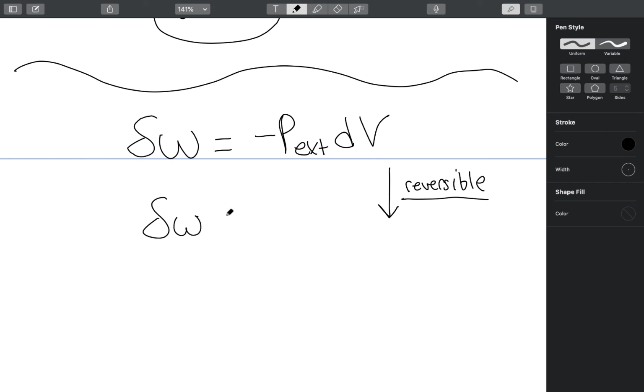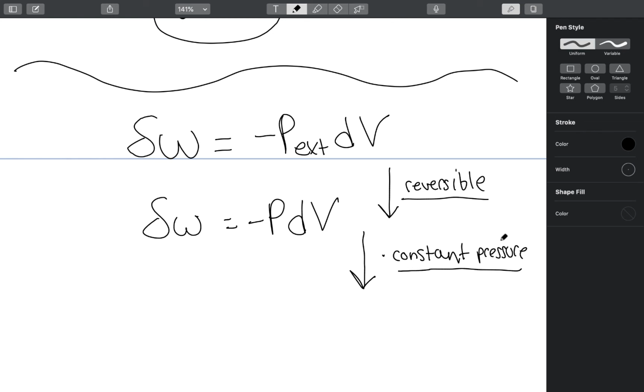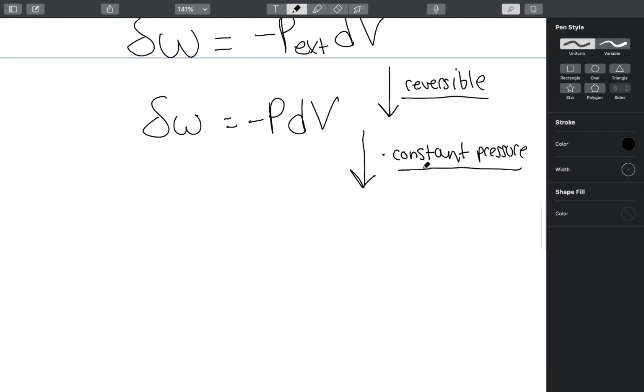So dW is equal to negative P dV, and we're going to assume constant pressure, because most chemical reactions take place under a constant pressure. This allows us to take the pressure variable out of the integral.